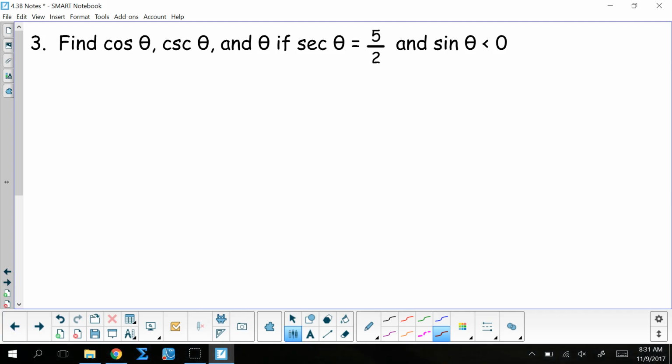So secant goes with cosine, right? And a positive cosine happens in quadrants 1 or 4. Negative sine happens in quadrants 3 or 4. So I'm in quadrant 4.